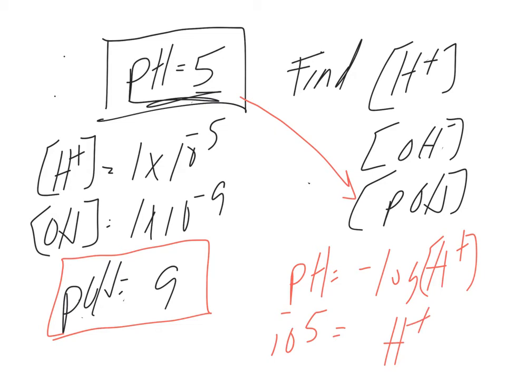Since log means what power 10 is being raised to, I'm raising 10 to the opposite pH power to find the concentration of H plus. And then lastly, the H plus and the OH have to always multiply together to equal 1 times 10 to the minus 14. So I just divided 1 times 10 to the minus 14 by 1 times 10 to the minus 5 to find the OH level.